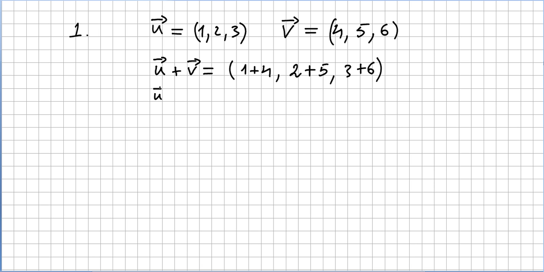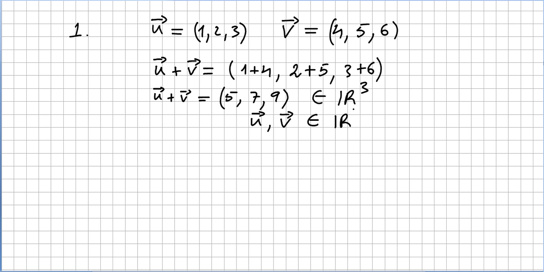So u plus v would be (5, 7, 9). This vector is in R3, and vectors u and v are both in R3 too.